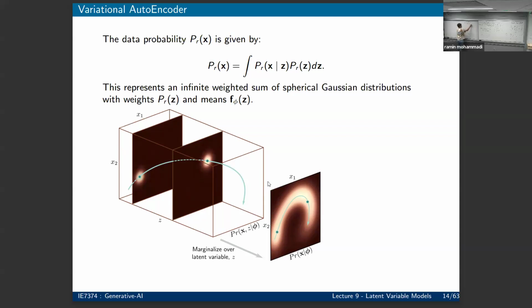It comes from a Gaussian with some mu for this Zi, let's call it Zi, and variance sigma squared. Then I pick another sample and repeat the same thing, and so on. Every time you pick one sample and pass it to this one.